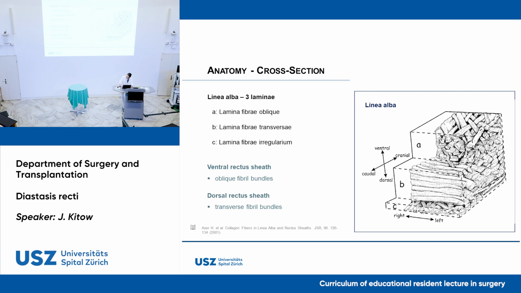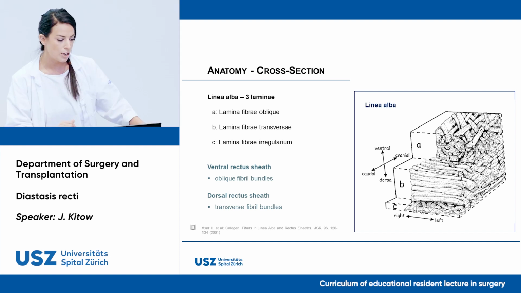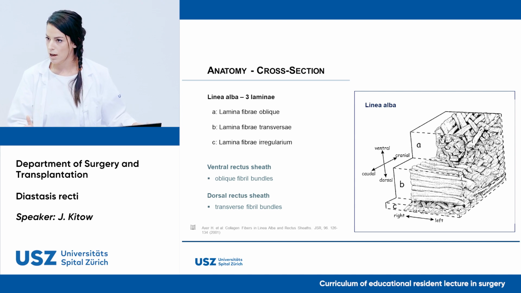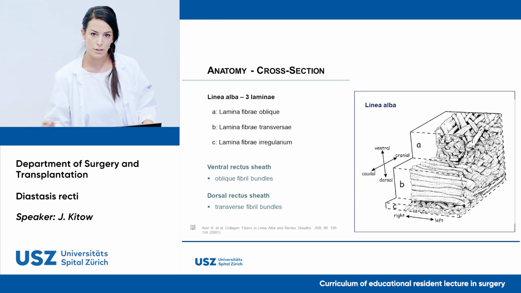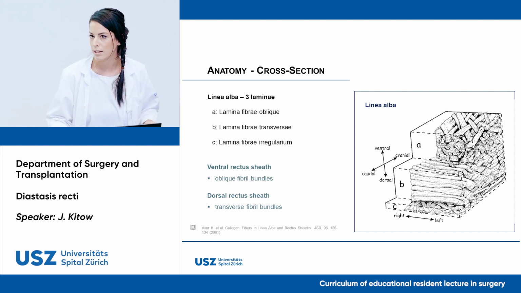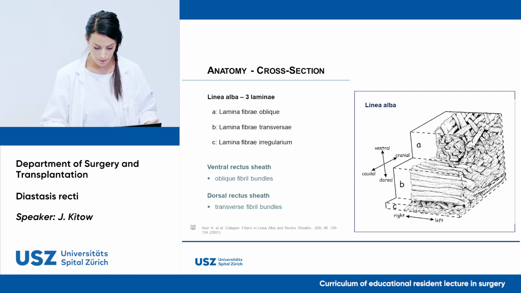And actually, those laminae are named according to the orientations of the fibril bundles. And it's very important to notice that, first of all, women tend to have a greater layer of transverse fibers. And secondly, women tend to have a smaller or thinner linea alba at the infraumbilical region.